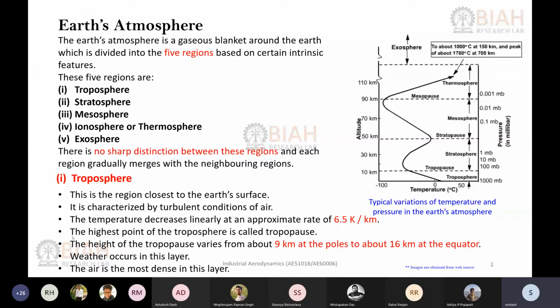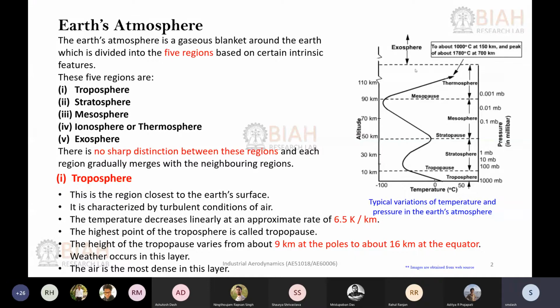Another thing is, in the troposphere, you find that the air is mostly dense. Why is it so? Because the whole amount of weight, the atmospheric weight, is acting on this particular gas medium.